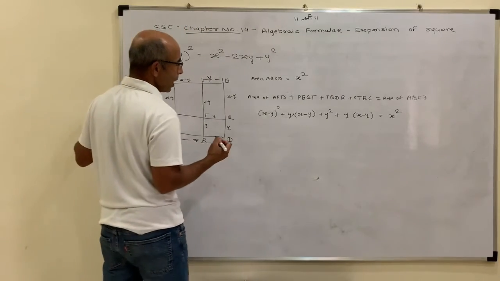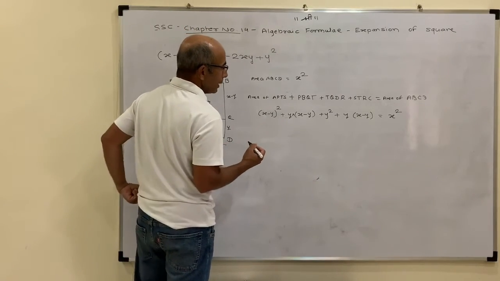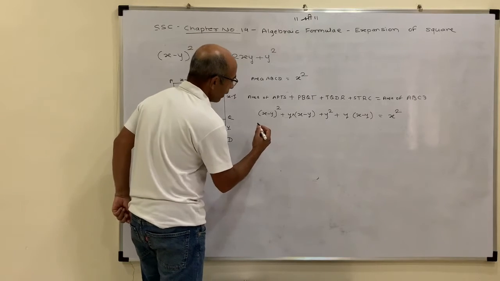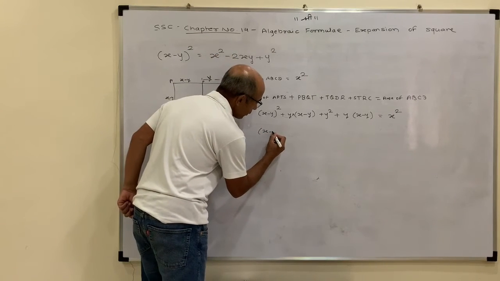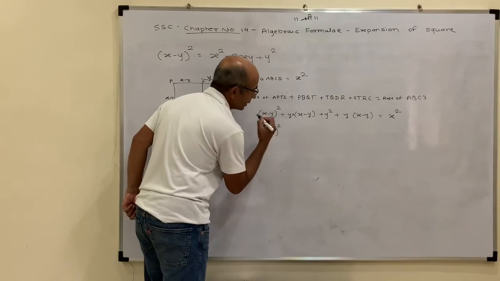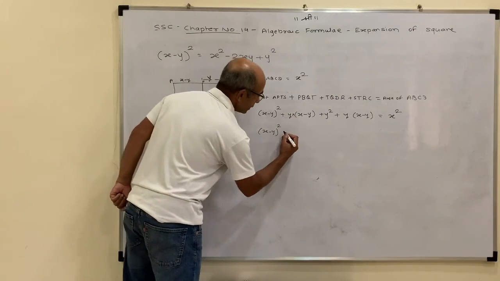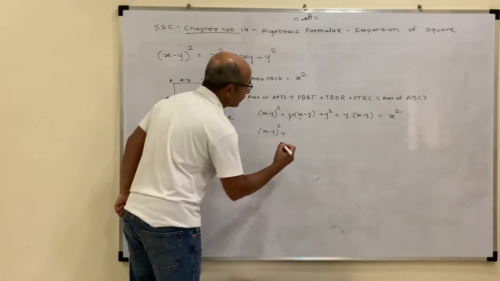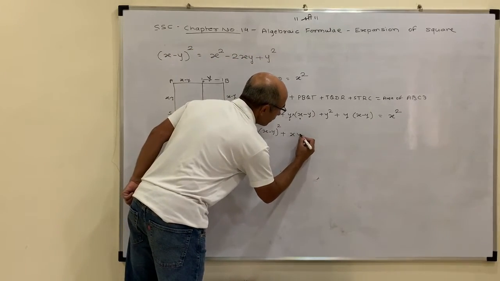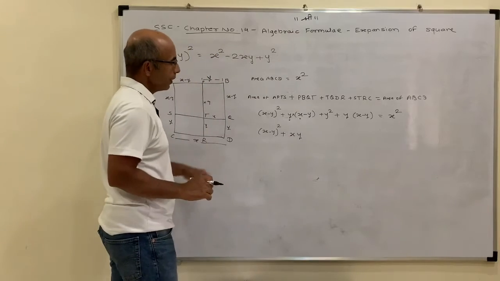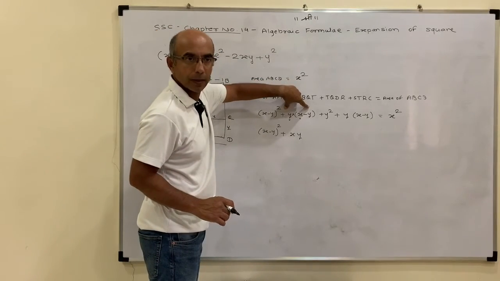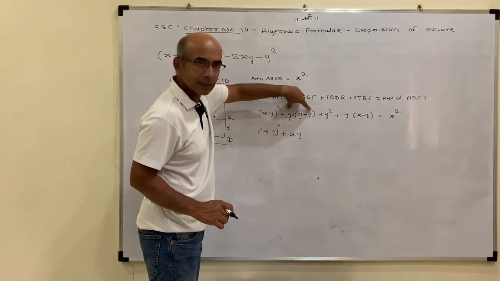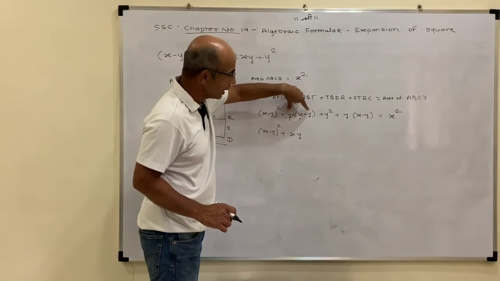So now let's look at how many I have. I have written this X minus Y square here as it is. Now plus X into Y is XY. Now Y into Y. See, here I am multiplying the same, but the signs are different.